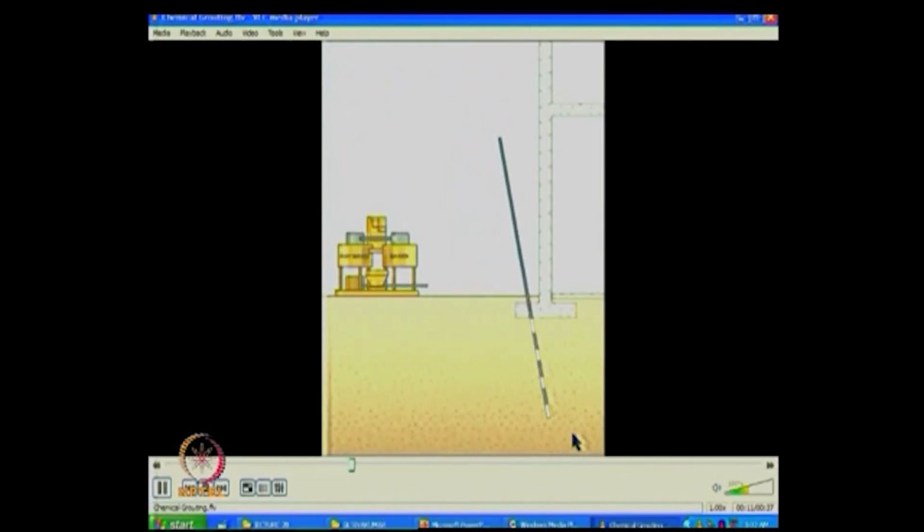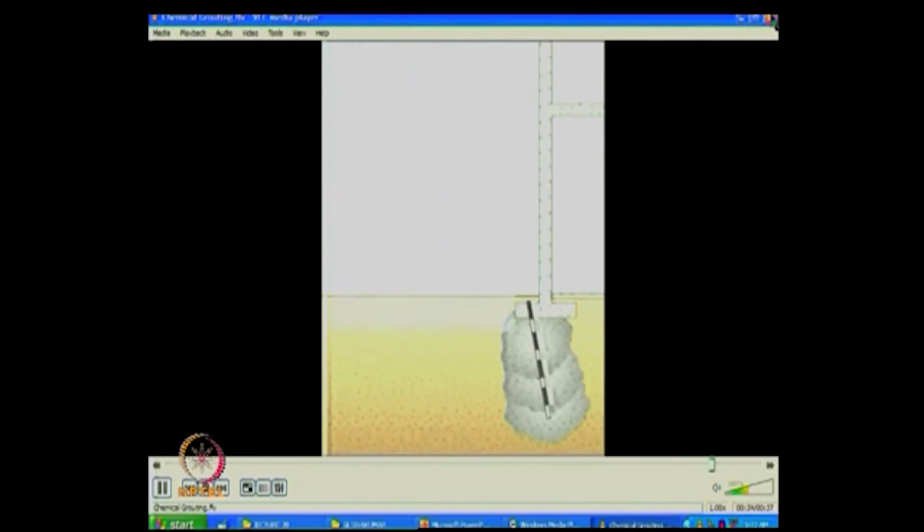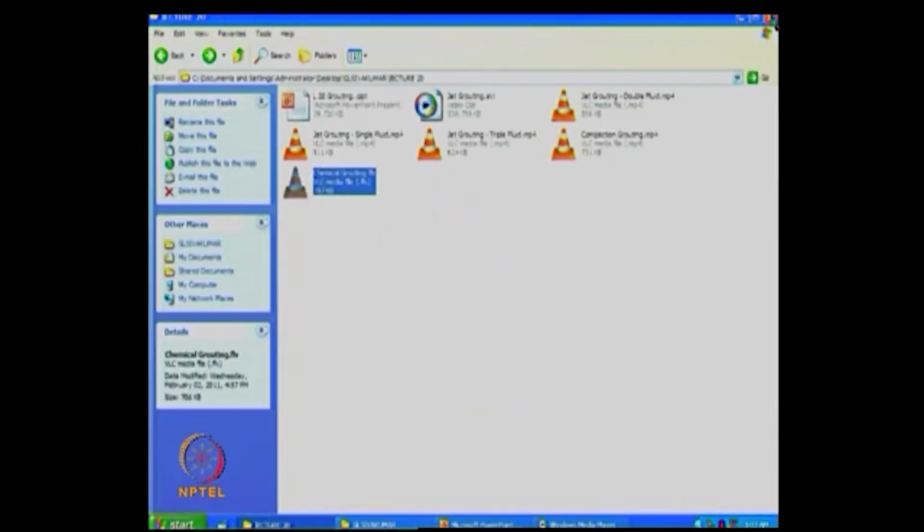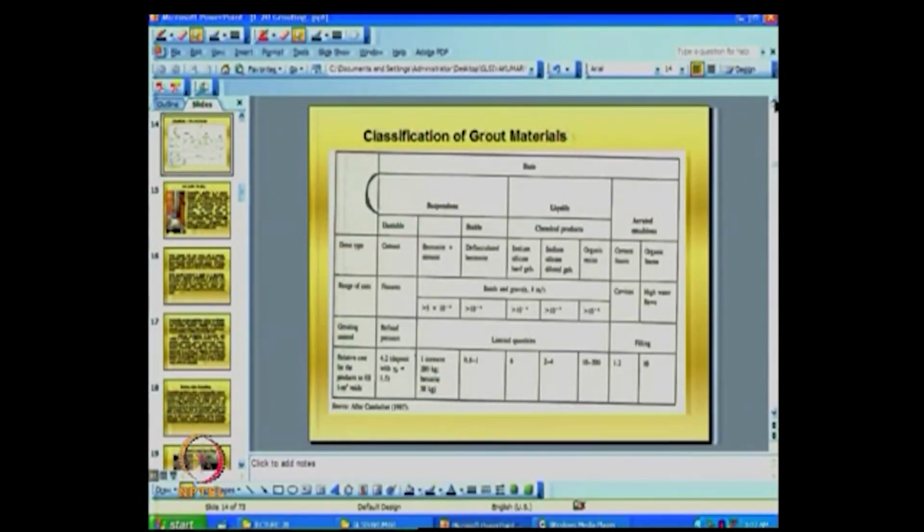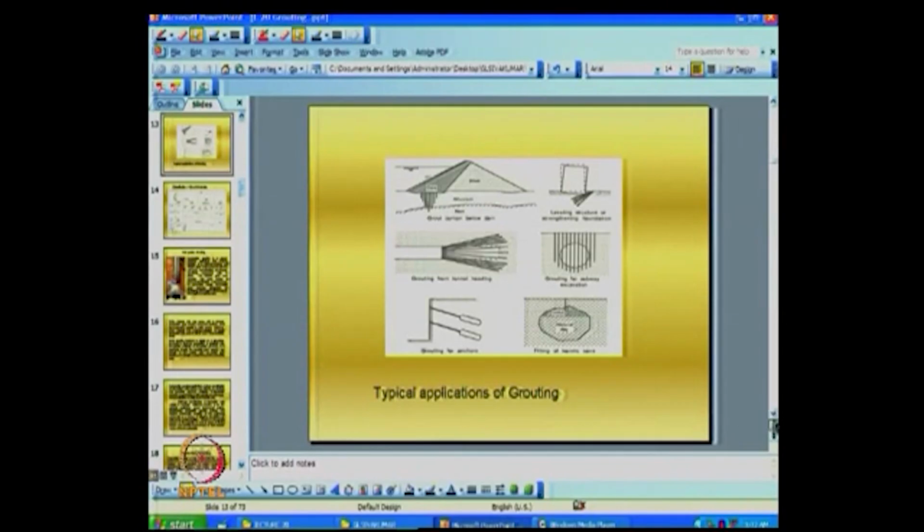Then you are trying to feed that. So, these are all different types of materials, and as I just mentioned, these are all the different types of applications.